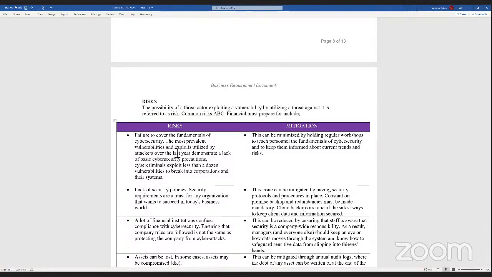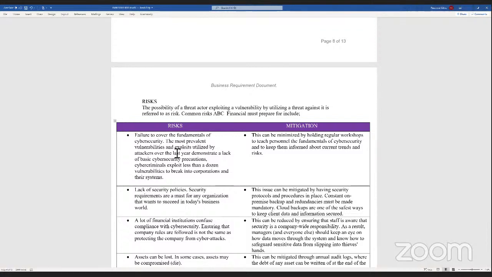So basically, holding regular workshops and teaching their employees the basic cybersecurity fundamentals, how to prevent the systems from being exploited through phishing and all the latest cybersecurity attacks.